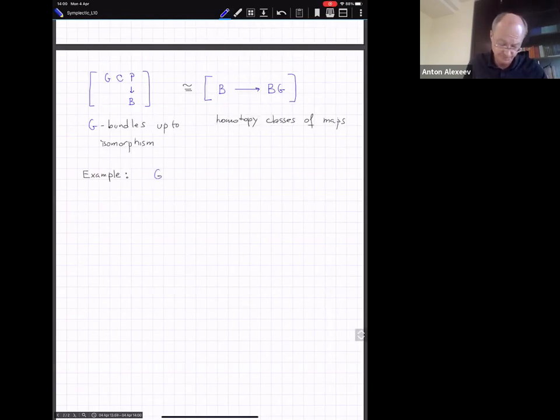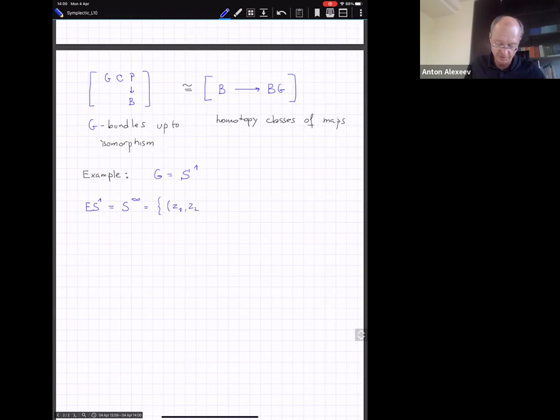So let's say G is equal to S1. Then one possible model of EG, of ES1, is the so-called infinite dimensional sphere.